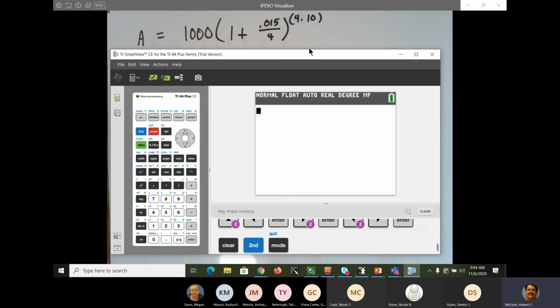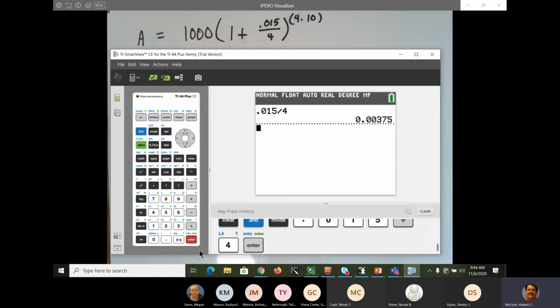So I'm going to work on the inside of the parentheses first. 0.015 divided by 4 plus 1. And inside the parentheses, I get 1.00375.